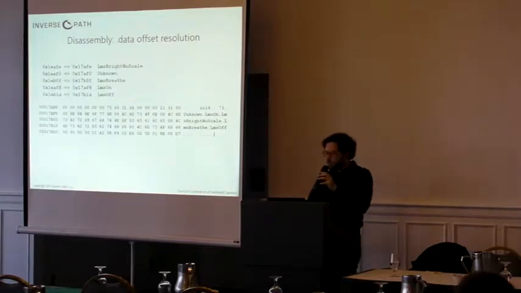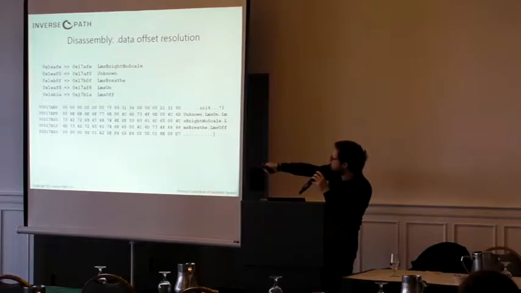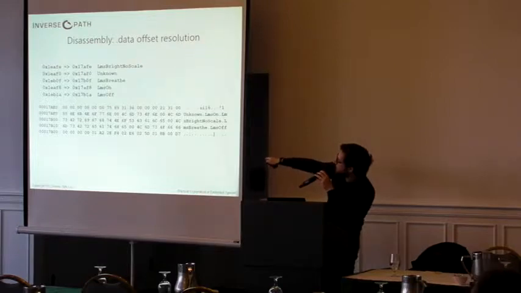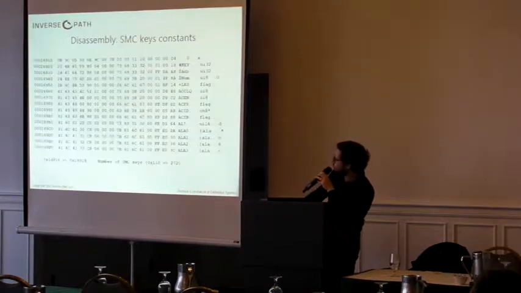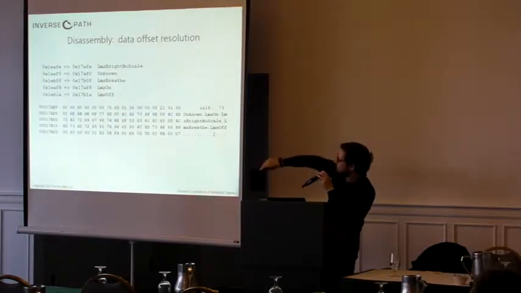The way you can resolve these offsets is that you will see in the binary at some point the data starting, and in this specific case, it will not start exactly at the same offset which is specified in the code, but usually, depending on the architecture, everything can be shifted by a certain value.